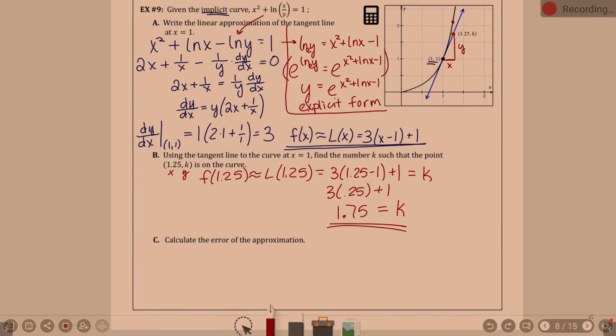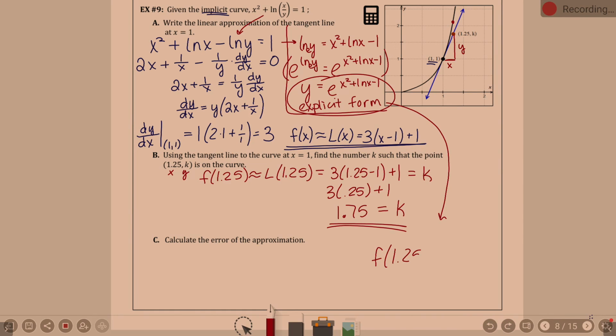So you have an option. You can plug it into the implicit form if you want, and then you have to solve for y, or we've already done that work, haven't we? And we can plug that in. So if I do, actually, whoops, this is finding f of 1.25.